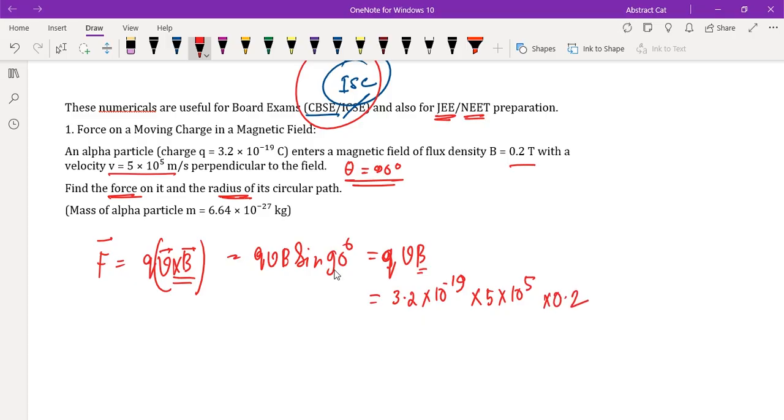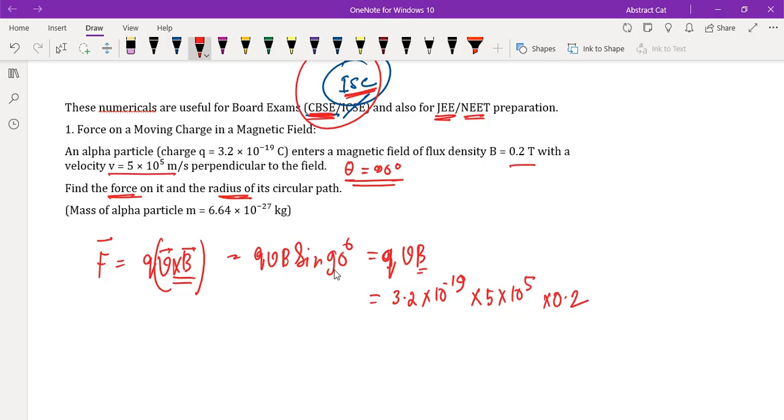One thing to remember: in the CBSE board, a calculator is not allowed. But ISC, and maybe some state boards, allow a calculator. CBSE students, please practice some calculations.